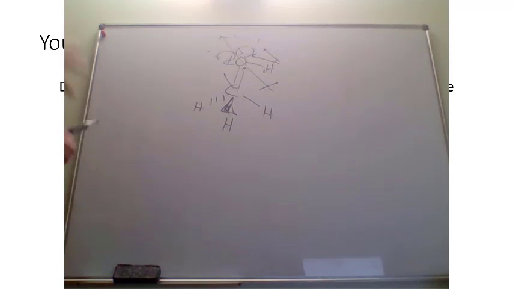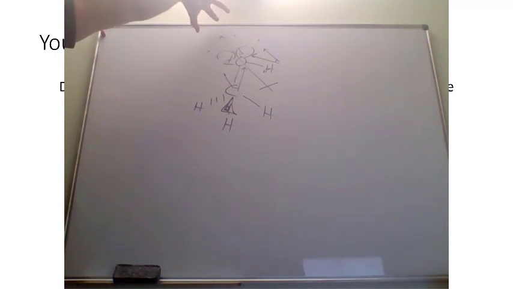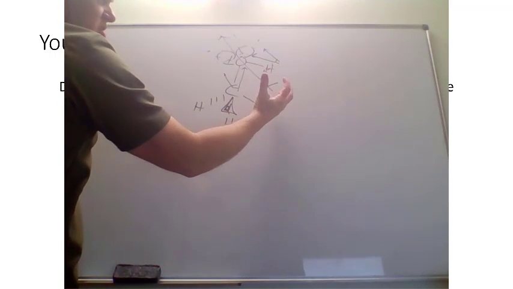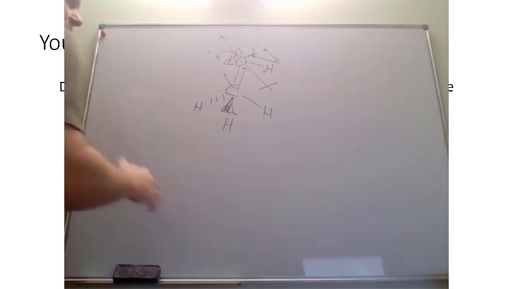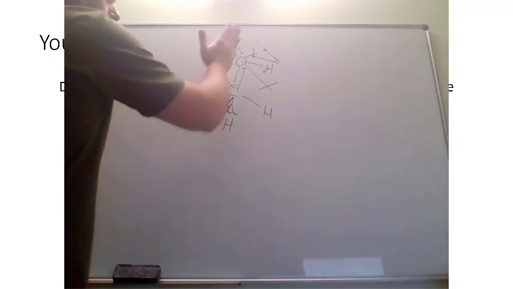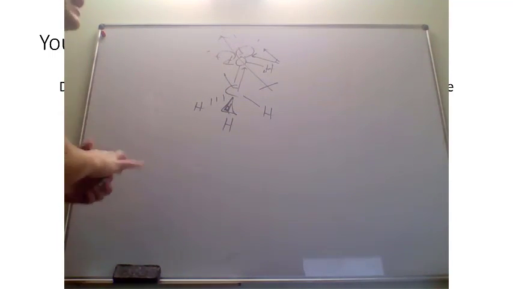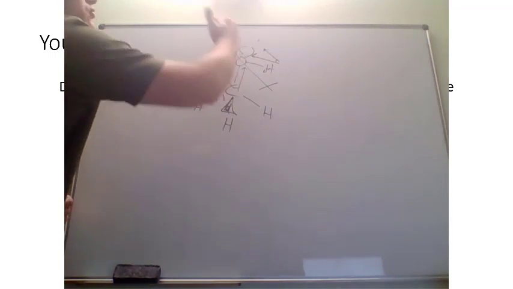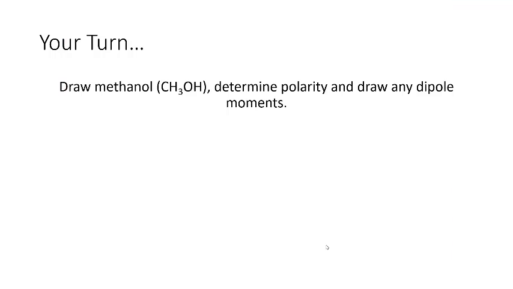If we take a look at our heat map here, we would see a large electron density on top of the oxygen around our lone pairs and an electron deficiency down here towards the bottom of the molecule. So we have a dipole moment that does not travel through the center of the molecule, but it does travel right through the center of our most electronegative atom, oxygen. Okay, next.